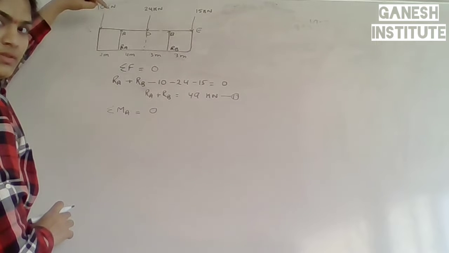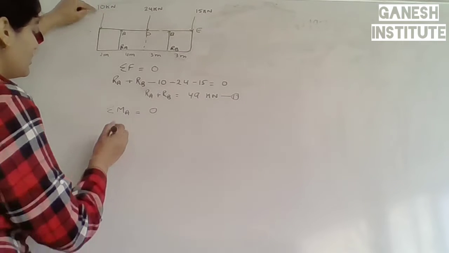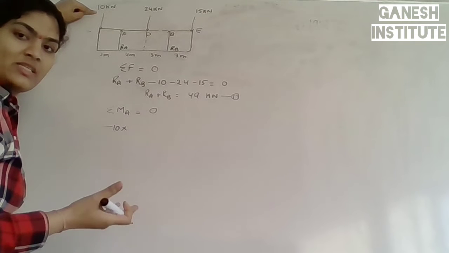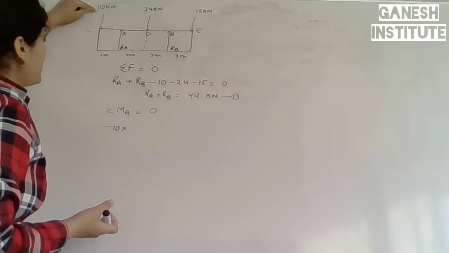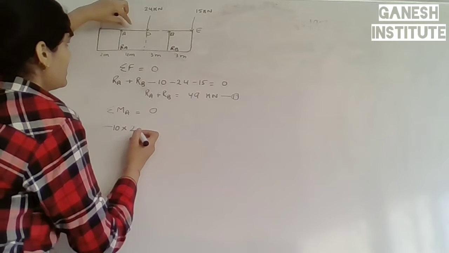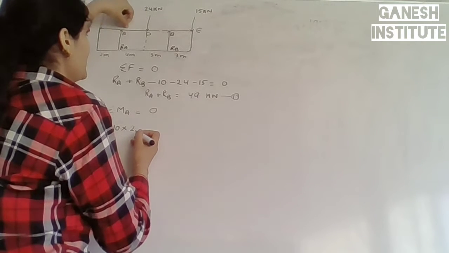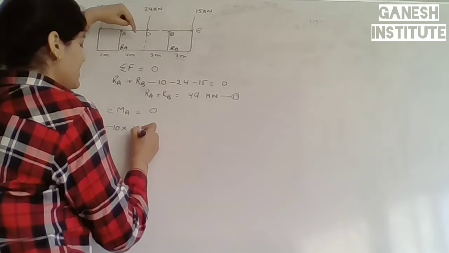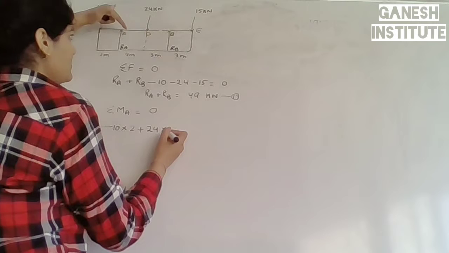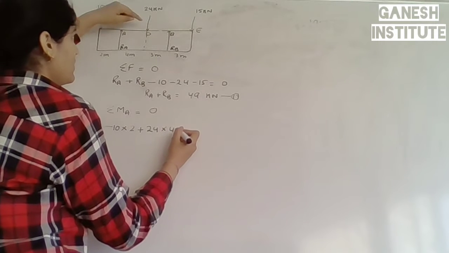This is an anti-clockwise direction force, right? Anti-clockwise, minus 10. How can we find the moments? Force multiplied by distance. So minus 10 multiplied by the distance from A, which is 2. Then D with respect to A, 24. This is clockwise direction, so plus 24 multiplied by the distance between A and D, which is 4.